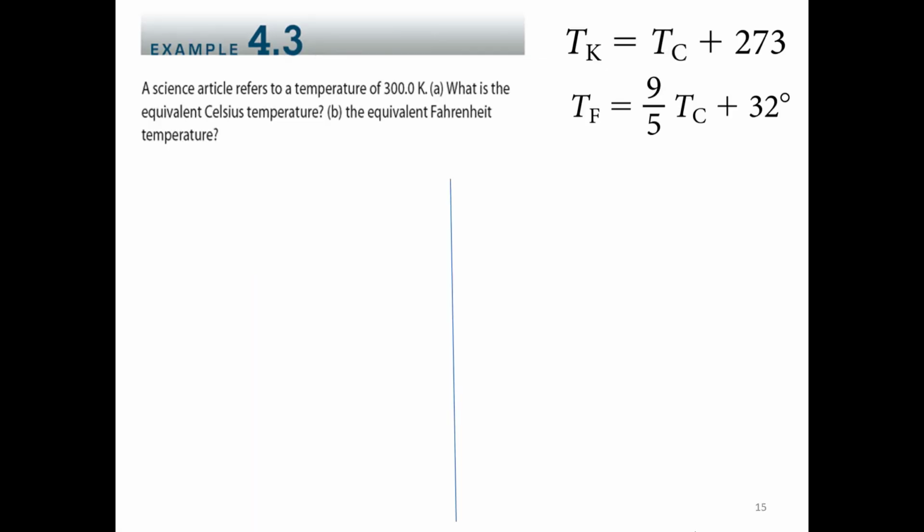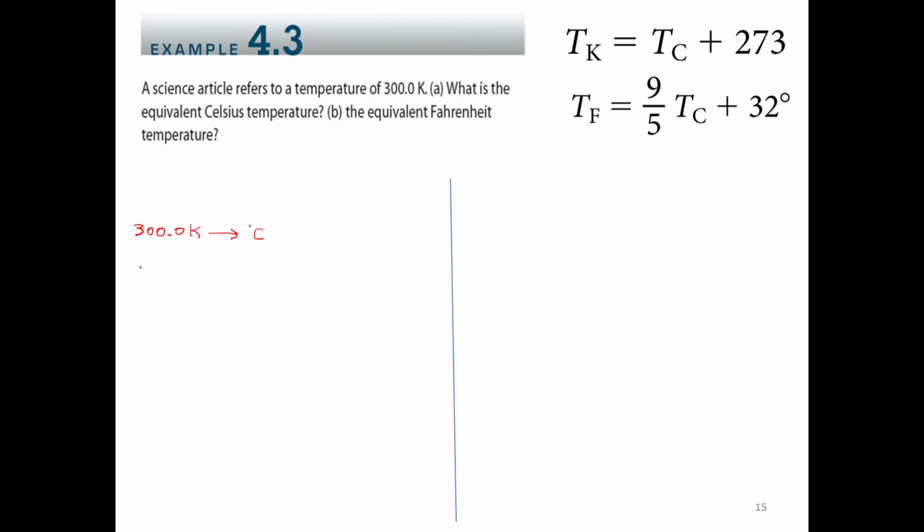Now let's complete one more problem. A science article refers to a temperature of 300 Kelvin. We want to know the equivalent of 300 Kelvin in Celsius and the equivalent of 300 Kelvin in Fahrenheit. We have 300.0 Kelvin, and we want to convert this into Celsius.